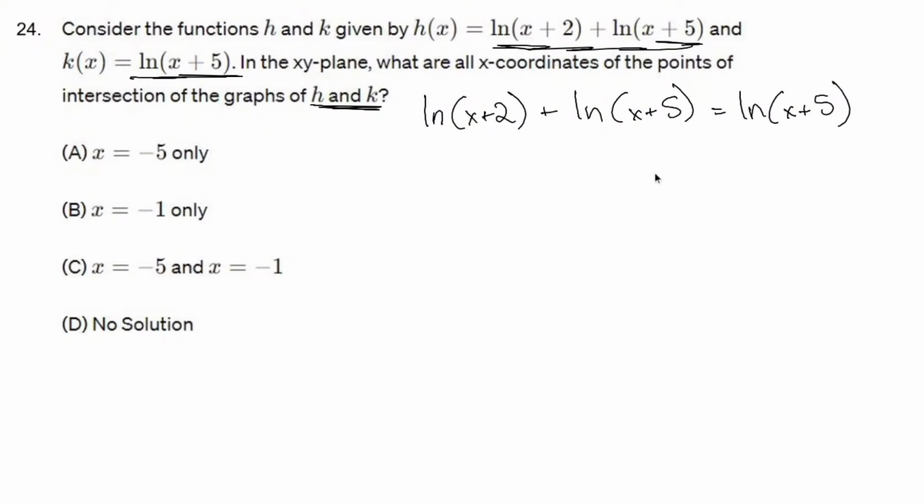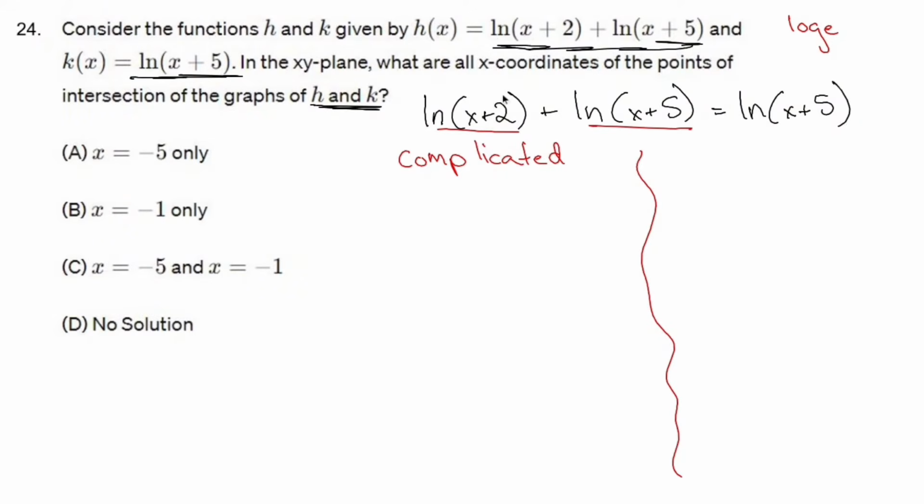I'm going to approach this in the unnecessarily complicated way, but it's good because it's going to be helpful for both. Keep in mind, ln is the same thing as log base e, so it follows all the log rules. So you can combine these two, since this is adding, by multiplying the inside.